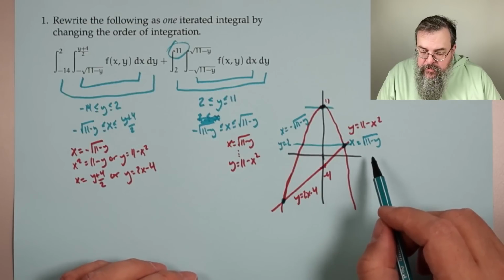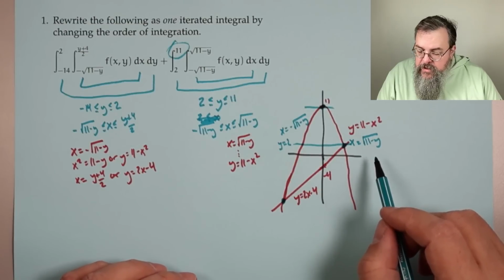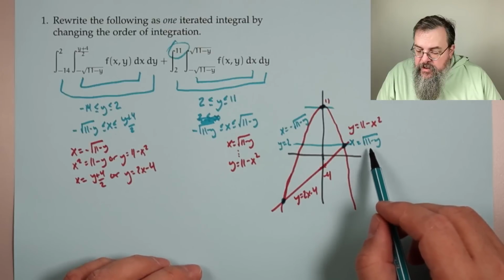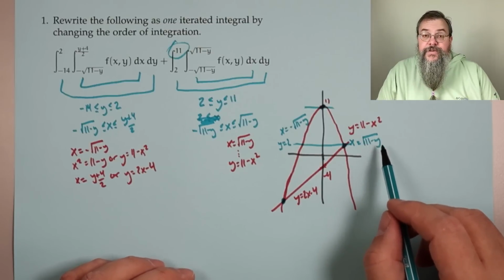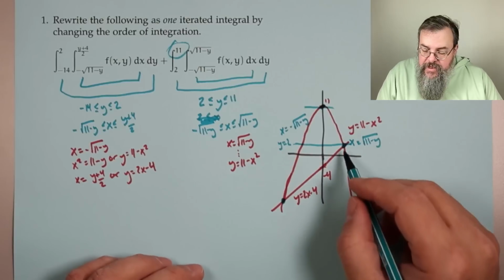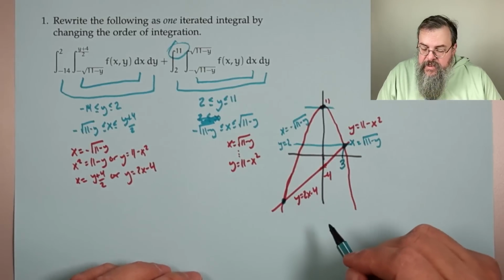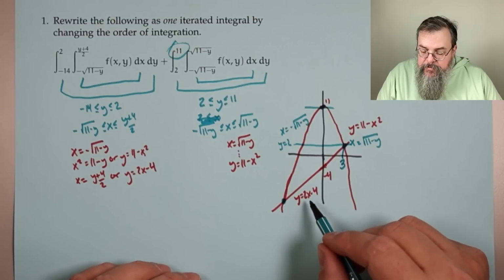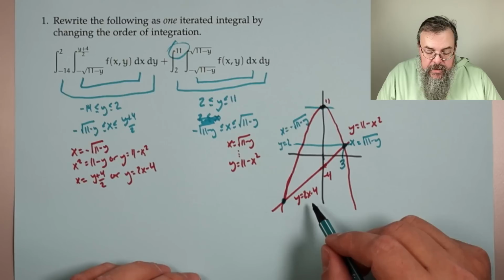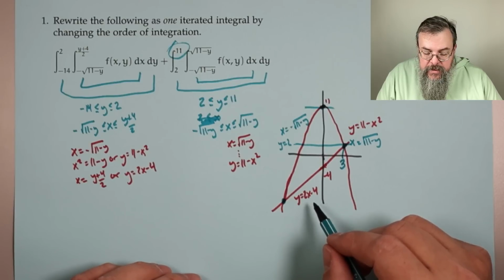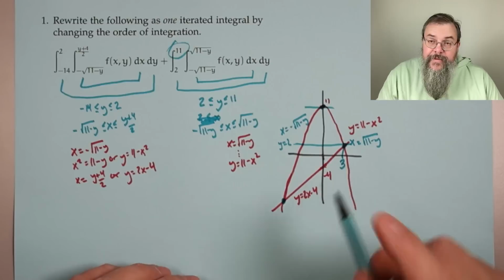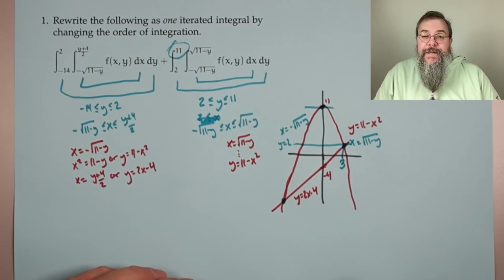We'd get square root of 11 minus 2, which says that this is at square root of 9, which is 3. And now if we put 2 in here, sorry, a dramatic pause.